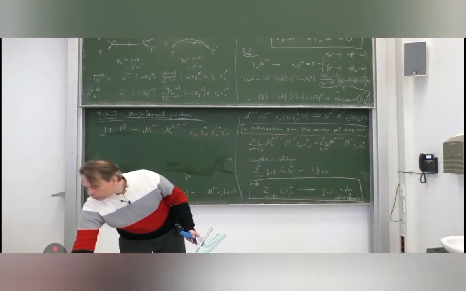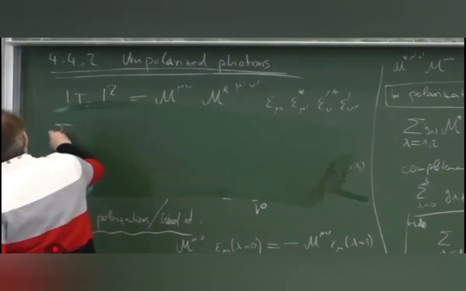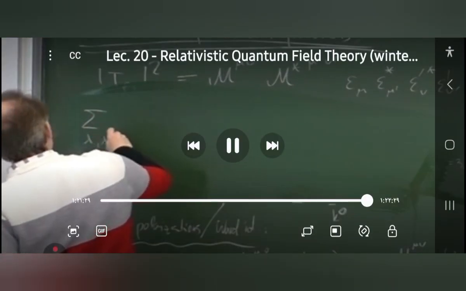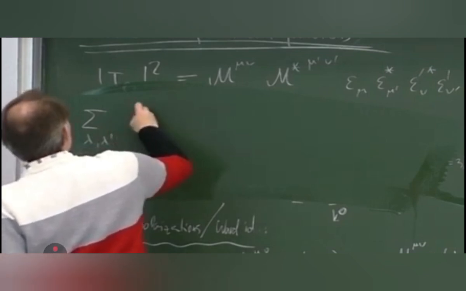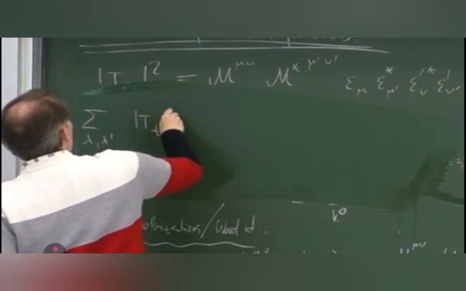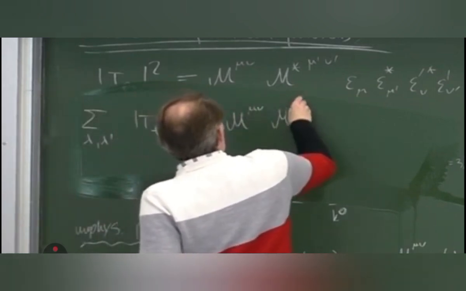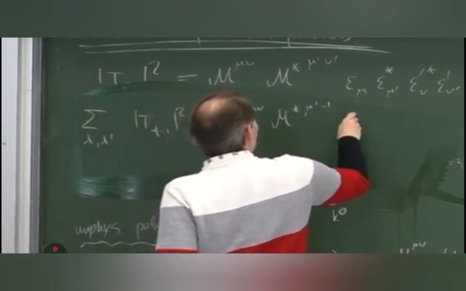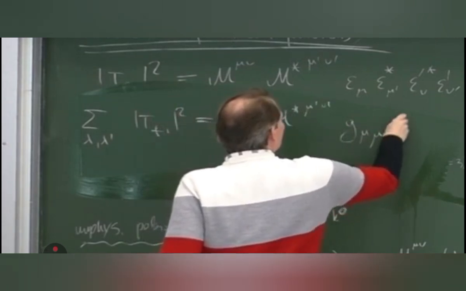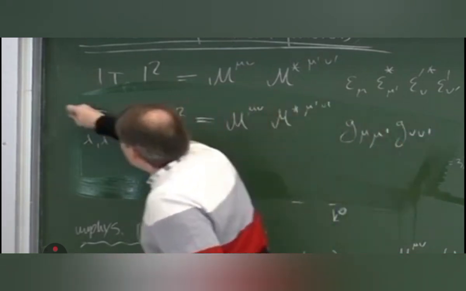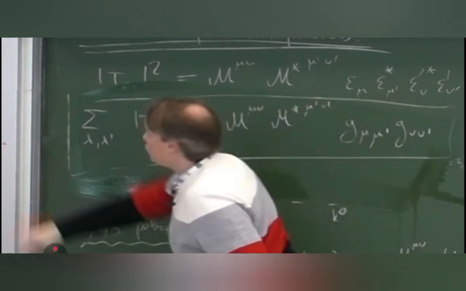The final result is that the spin-summed matrix element, summed over lambda and lambda prime for the two photons, T_fi squared, is given by this M mu nu, M star mu prime nu prime, times metric tensor g mu mu prime times g nu nu prime. It is obviously Lorentz invariant, because every element in this expression is Lorentz covariant. And that is what we can evaluate the next time.